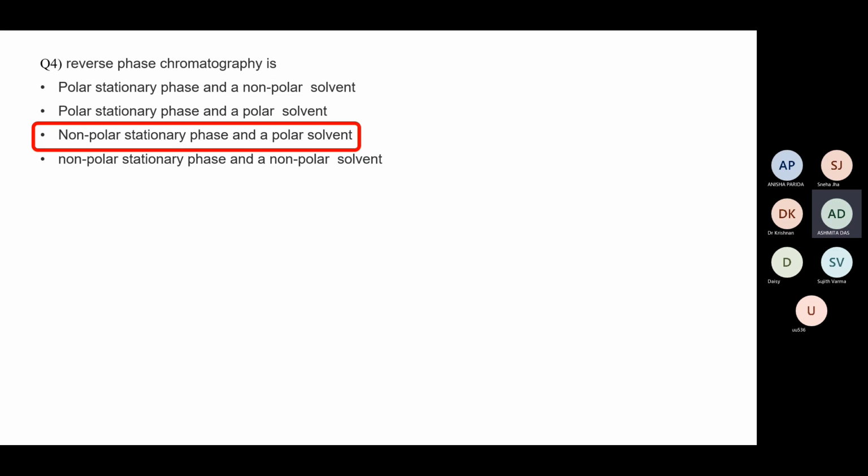In any chromatography, there are two phases, one is the mobile phase and one is the stationary phase. In the case of classic chromatography, the mobile phase is a non-polar organic solvent and the stationary phase is a polar phase.